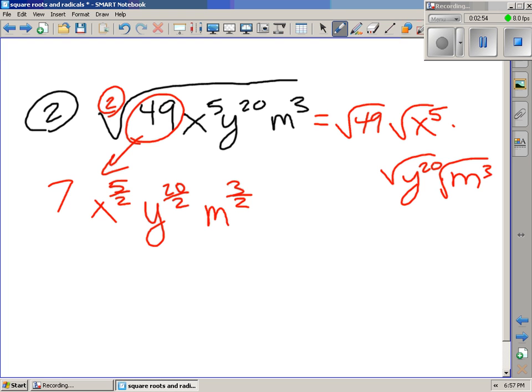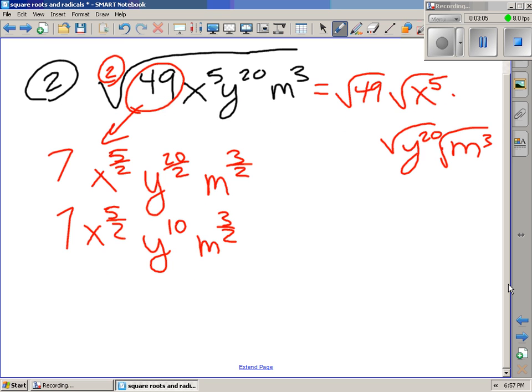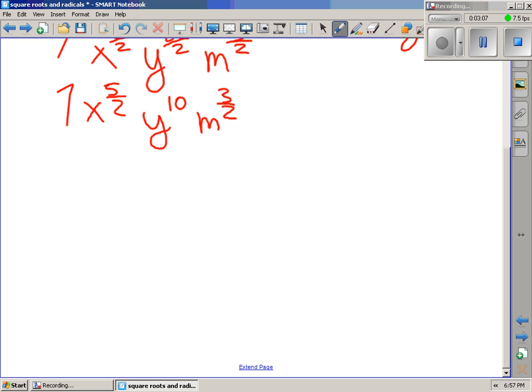This next stage, I'm going to just simplify. 7, leave this alone, y to the 10th, and then I'll also leave this alone. At this stage, here's one method you can use. All right, method 1. I can say, well, I know that I could write this out as 2/2 times x to the power of 3/2.